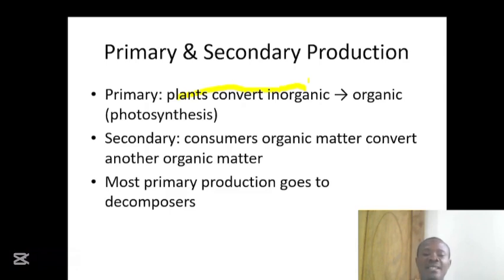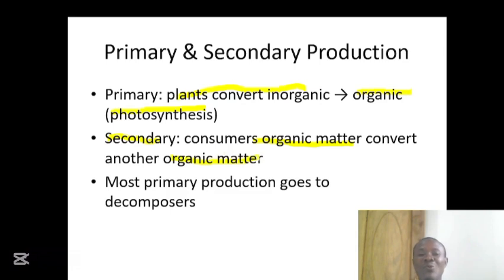All of these three things are not living. So they use them and convert them into organic substances, substances that are living, through the process of photosynthesis. And we have the secondary consumer. What the secondary consumer will do is convert the organic substance into another organic substance.